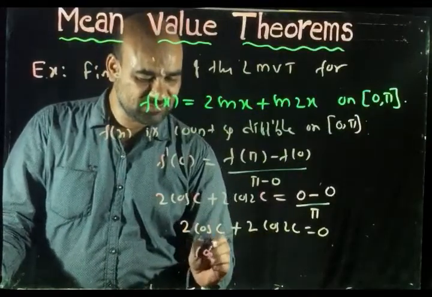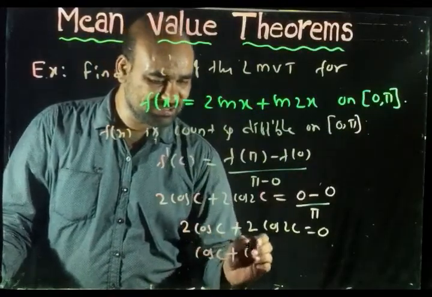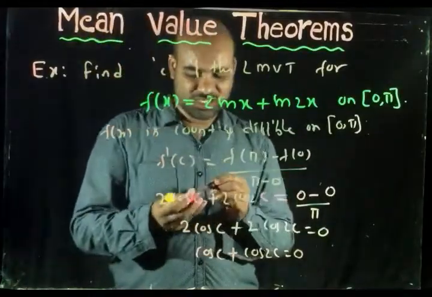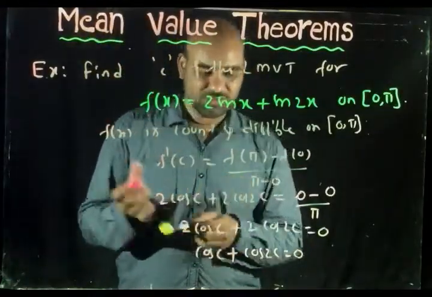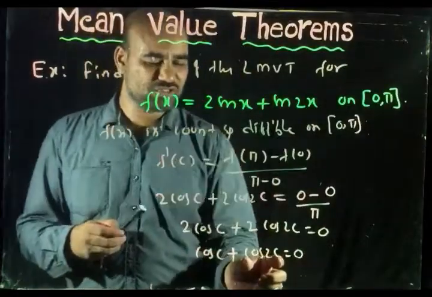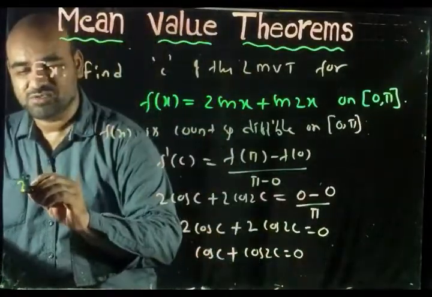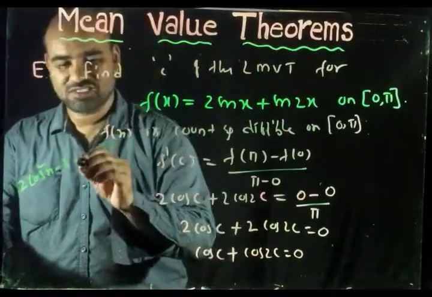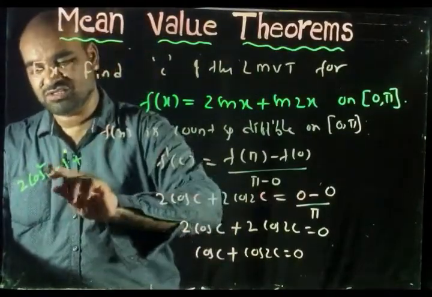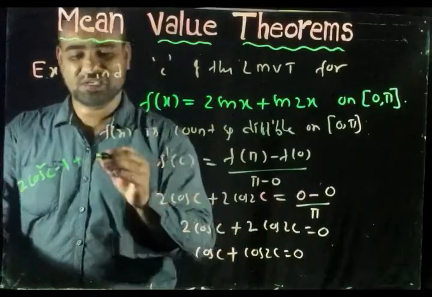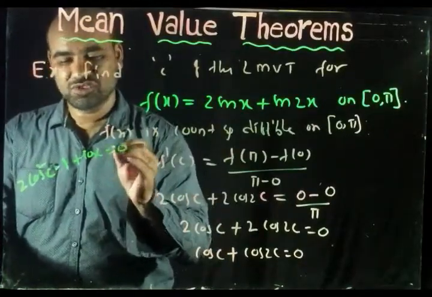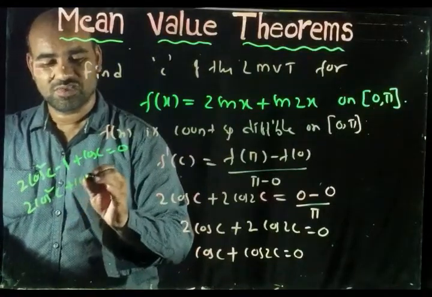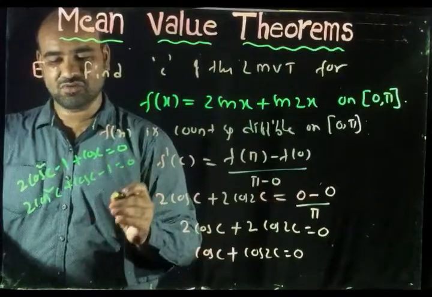2 cancels, cos C plus cos 2C equal to 0 is a trigonometric equation in the cos function, not a big problem. So this can be written in terms of cos. I am writing 2 cos square C minus 1 for cos 2C, plus cos C equal to 0, that is 2 cos square C plus cos C minus 1 equal to 0.